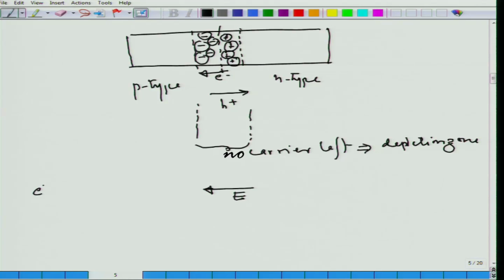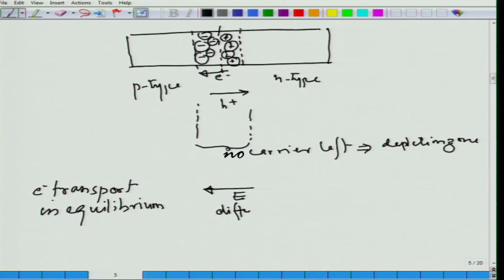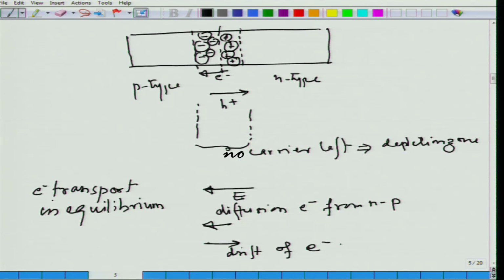So, if I only look at the electron motion in equilibrium, there is going to be diffusion of electrons from n to p because of the concentration gradient, and there is going to be drift of electrons from p to n because of the built-in potential. When these two are equal, the system is in equilibrium.